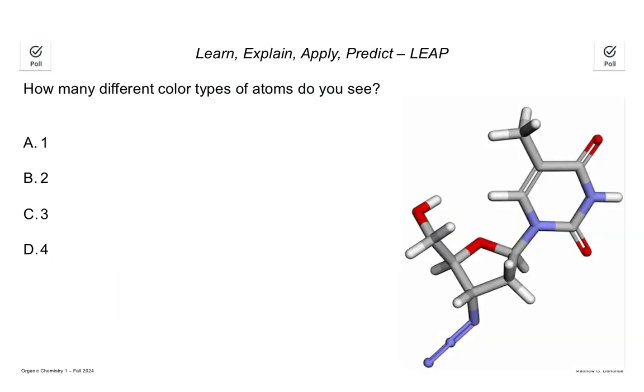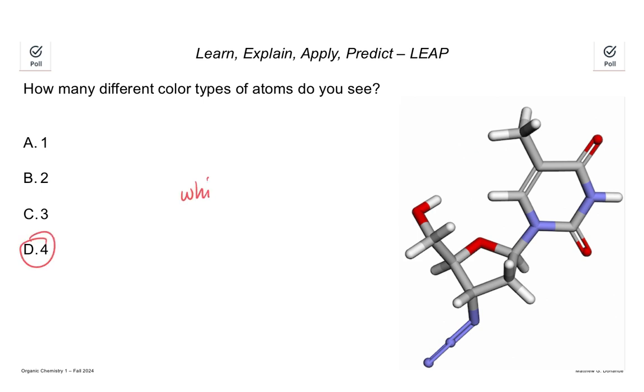So we're going to start off with a series of questions, and again, we're just drilling down into learning more about the function of AZT. How many different color types of atoms do you see? So there's white, there's gray, there's red, there's blue. So our answer here is going to be 4.